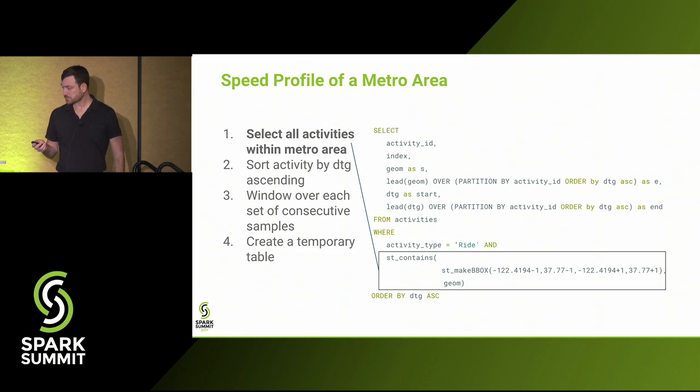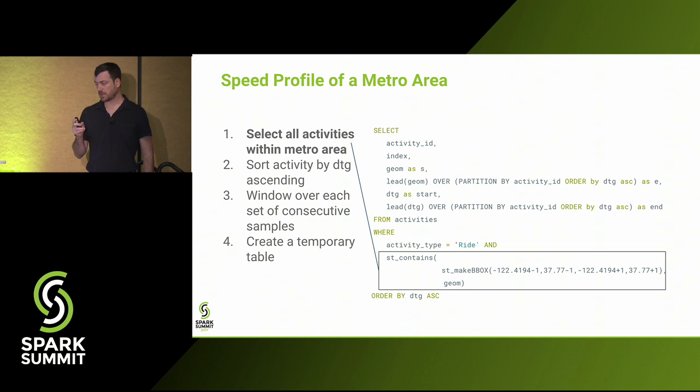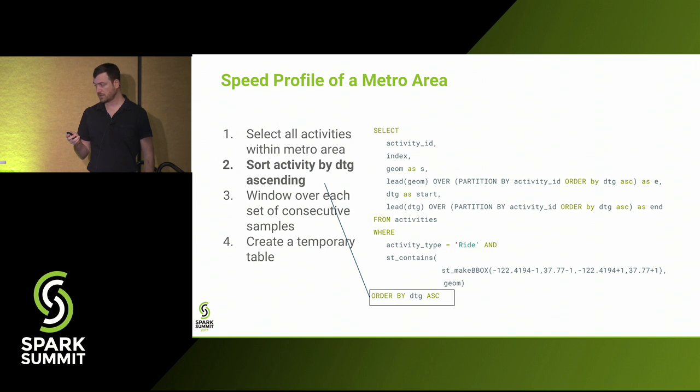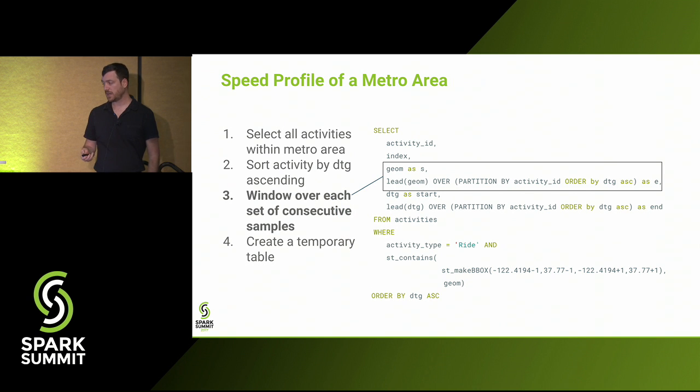Okay, so let's dissect this query. Again, we start with a topological predicate. We're going to constrain our analysis just to the San Francisco area. We're going to sort by the date field so that we're getting each activity in order. And this is where we have to actually look at each record and its next record in order to derive the speed, right?